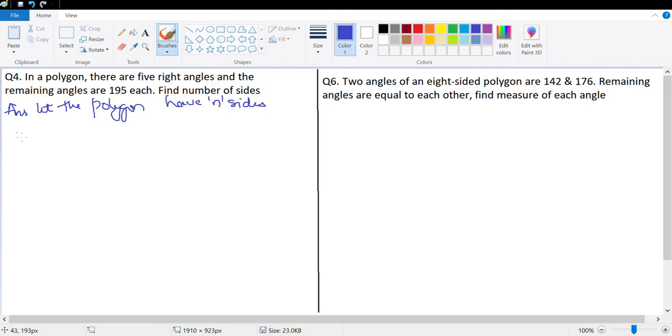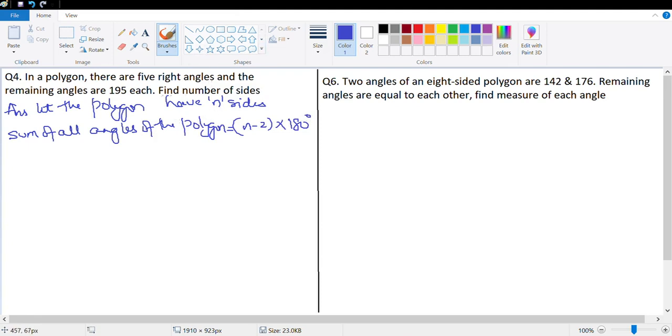So the sum of all angles of the polygon will be given by the formula (n minus 2) into 180 degrees.